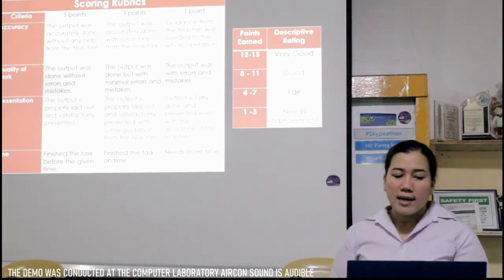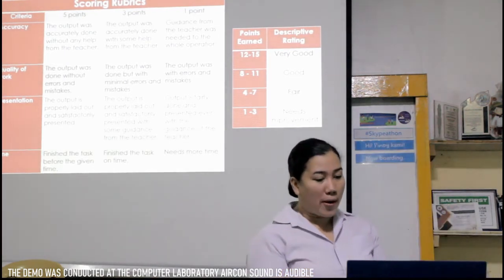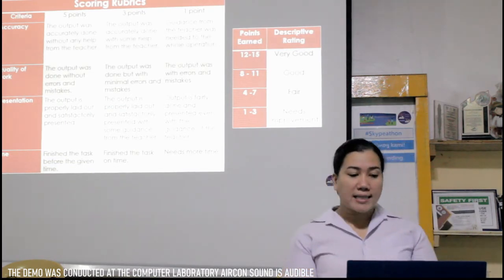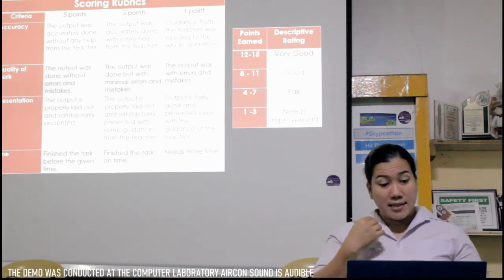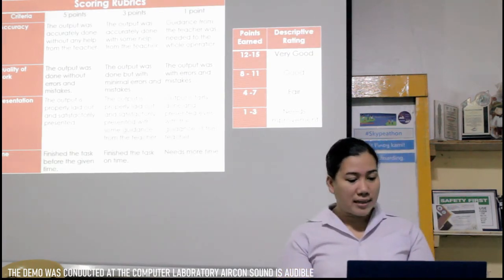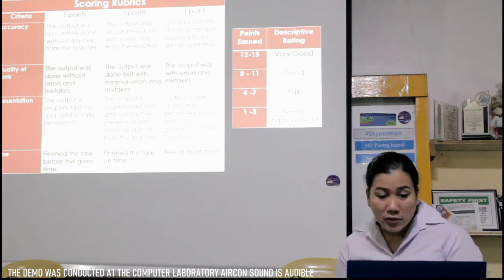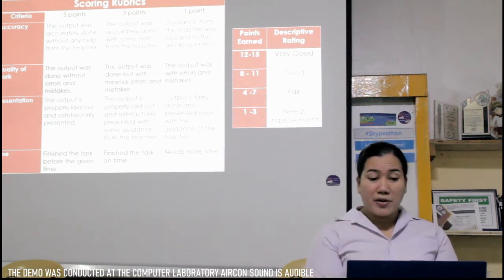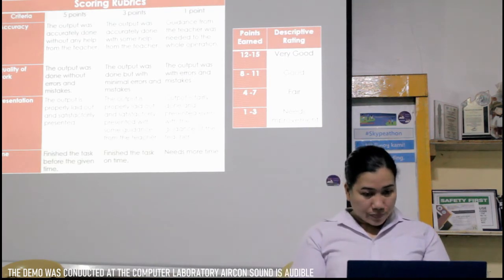And quality of work: 5 points, the output was done without errors and mistakes. 3 points, the output was done with minimal errors and mistakes. 1 point, the output was with errors and mistakes. And presentation: 5 points, the output is properly laid out and satisfactorily presented. 3 points, the output is properly laid out and satisfactorily presented with some guidance from the teacher. 1 point, the output is fairly done and presented with guidance from the teacher.